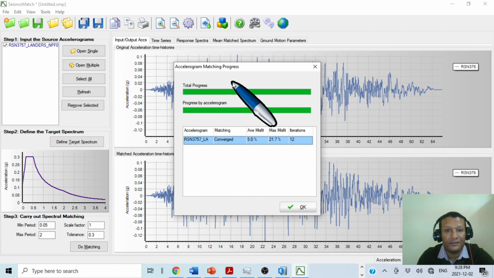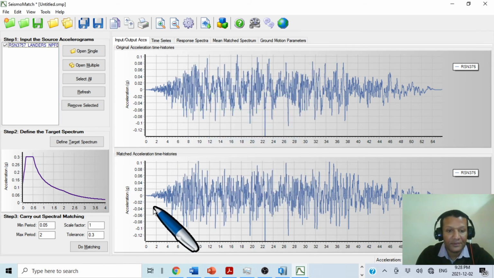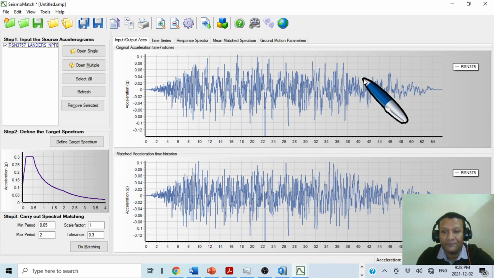Then total progress, acceleration progress. Okay, then you see, everything what we have here, this is the Landers earthquake data, RSN 375. Then this is the matched data, matched acceleration time history data as per our need.